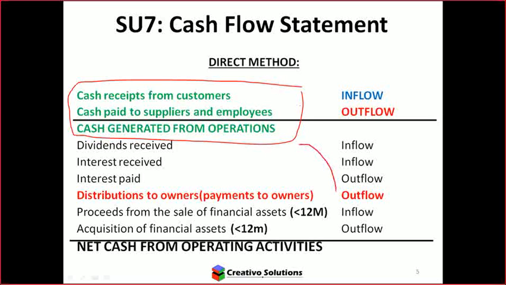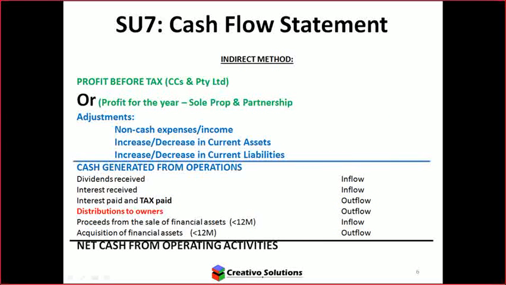Yeah. The rest here stays the same for the direct and the indirect. Right, only cash generated from operations is calculated differently if you've got indirect. Because now you need to adjust for all of these things. Non-cash items, increase or decrease in current assets and current liabilities.